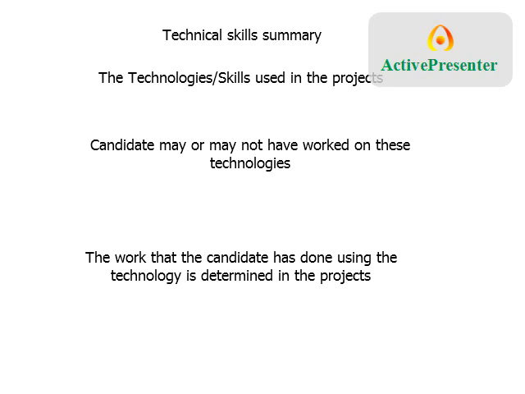So the candidate may or may not have worked on these technologies, or on all of them. That is something you have to find out from the projects. Again, please don't be misled by what is mentioned in the technical skills summary or the experience summary. You have to go by the projects and then see if they map to the technical skills.